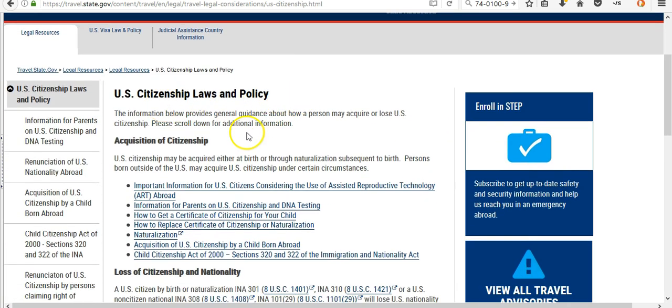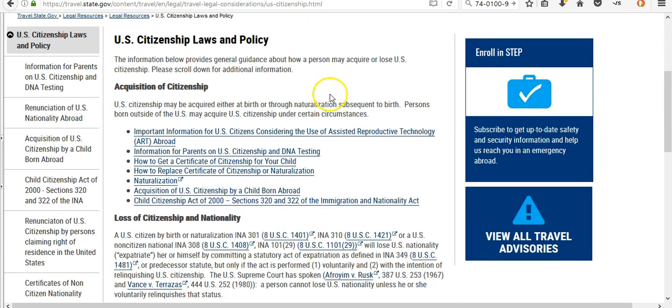U.S. citizenship laws and policy. The information below provides general guidance on how a person may acquire or lose U.S. citizenship. All right, now for your feature presentation. Let me take a sip of my tea. Please scroll down for additional information.